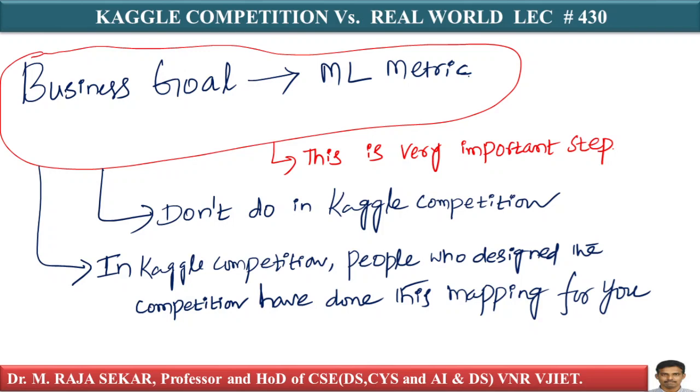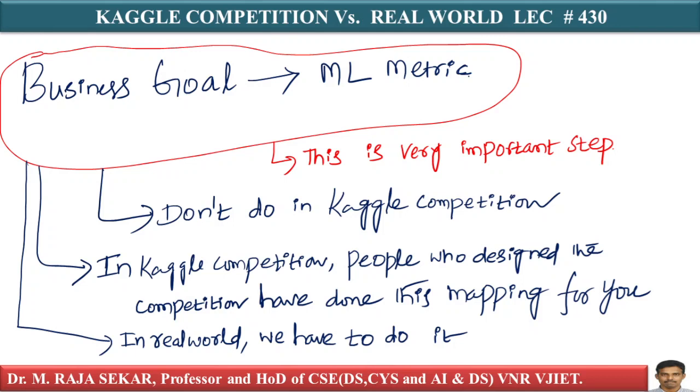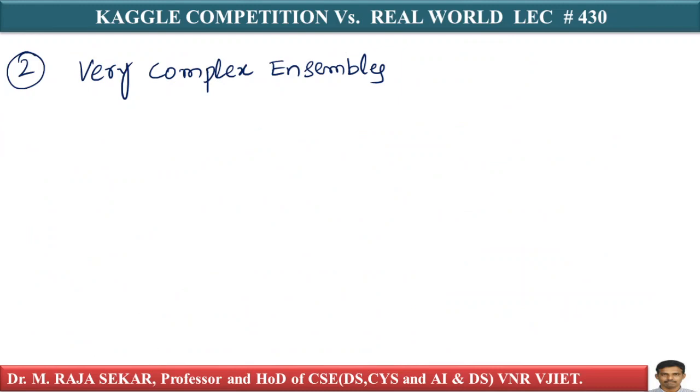The second key aspect is also very important. In Kaggle, I have seen a lot of people build very complex ensembles. What is their objective?